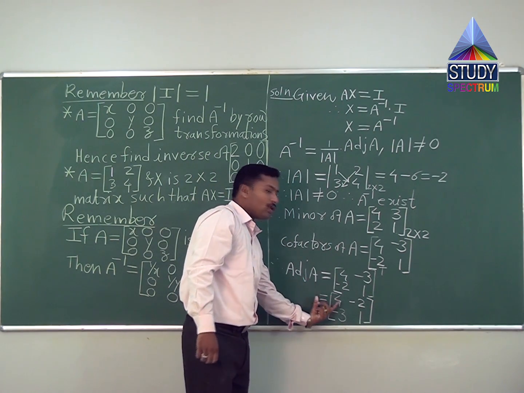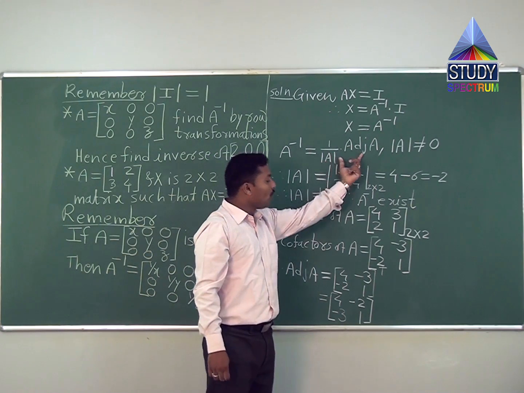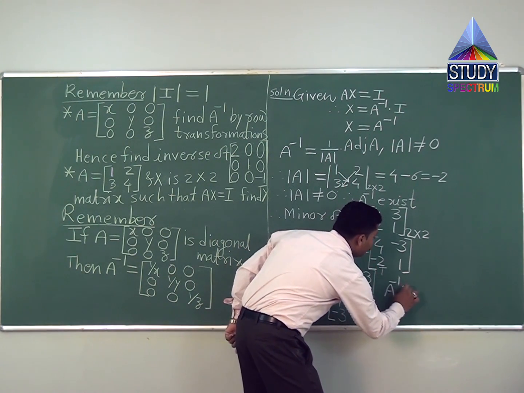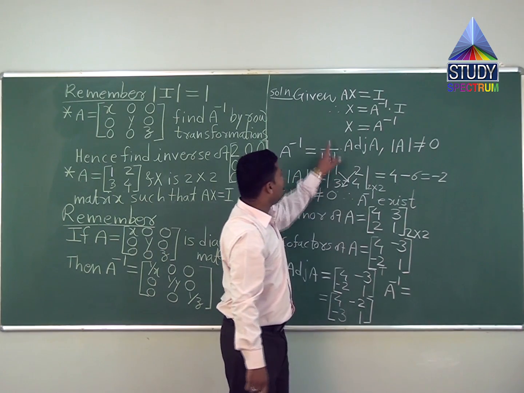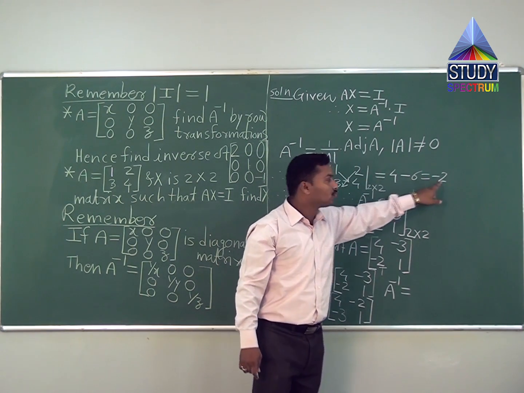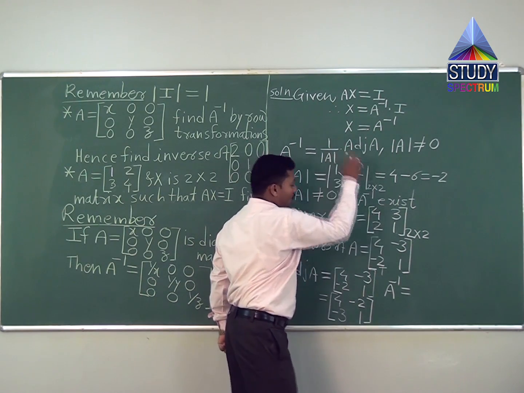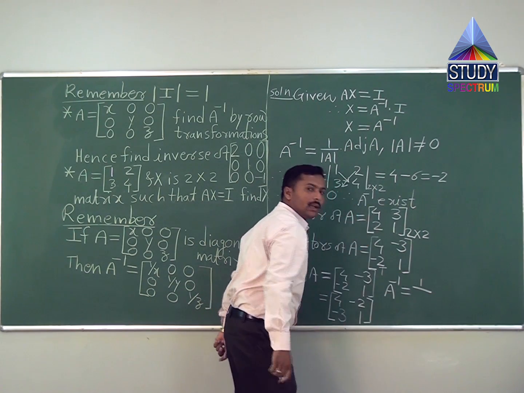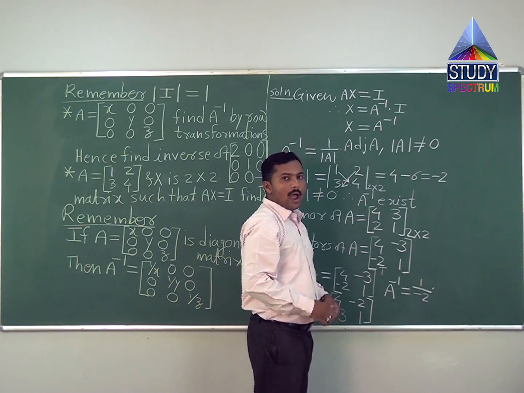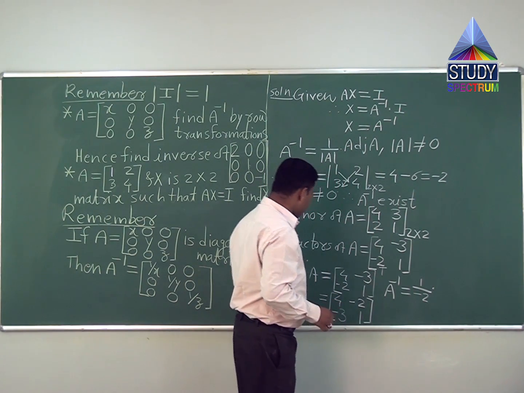By putting this value of adjoint of A in the formula, we get A inverse equal to 1 upon determinant A. What is determinant A? Minus 2. So A inverse is 1 upon minus 2 into adjoint of A. What is the adjoint of A?